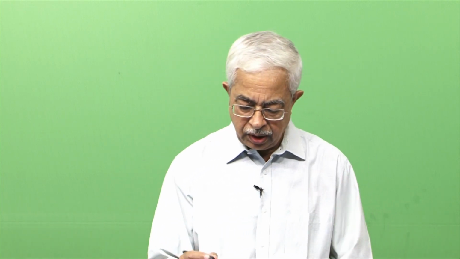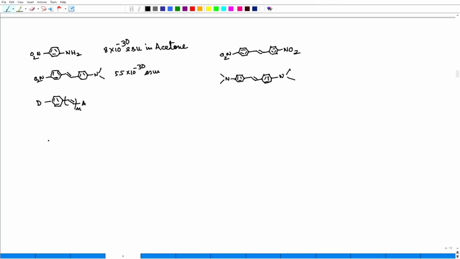See, I told you that for second order, that is for beta values, what do we need? We need a donor on one side, an acceptor on the other side, and in the middle a pi system, an aromatic pi system.